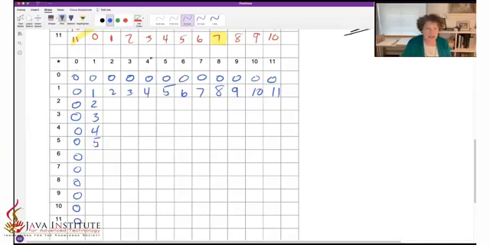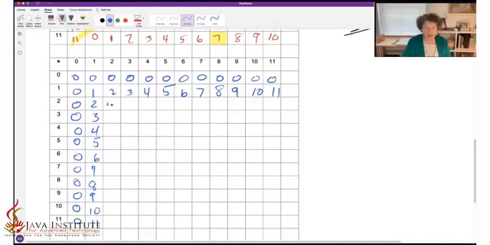There's 12. There's 144 numbers I have to put in here. And I really want to make it go quickly. Some of them are going to be easy.